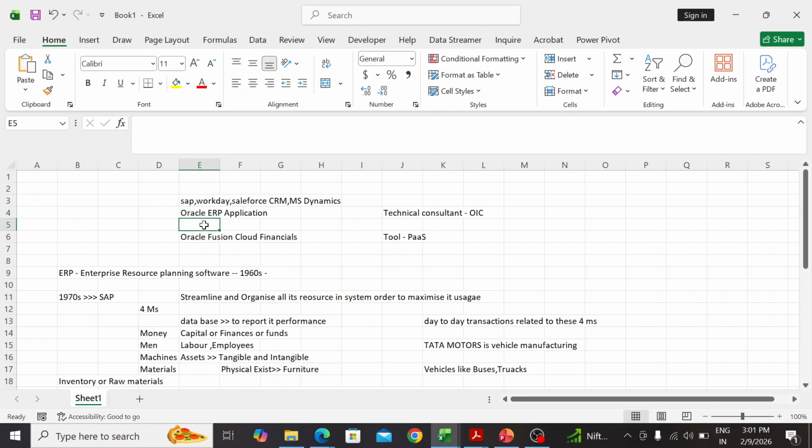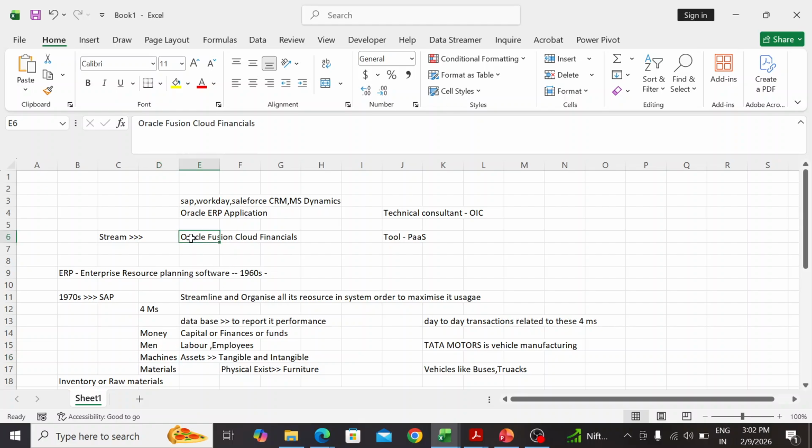In that Oracle ERP application, Oracle Fusion Cloud Financials is one of the top streams which has a lot of importance in the market, because it is required by all the companies doing business in the respective country, who are dealing with money, men, materials and machines.